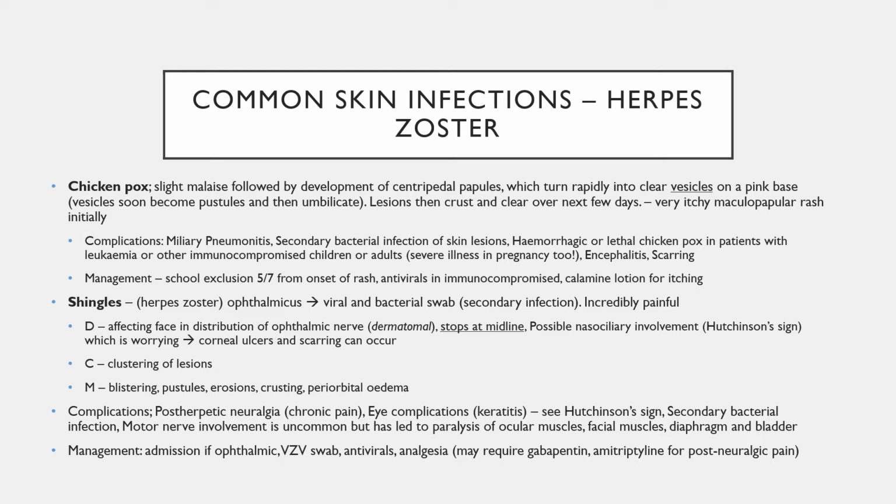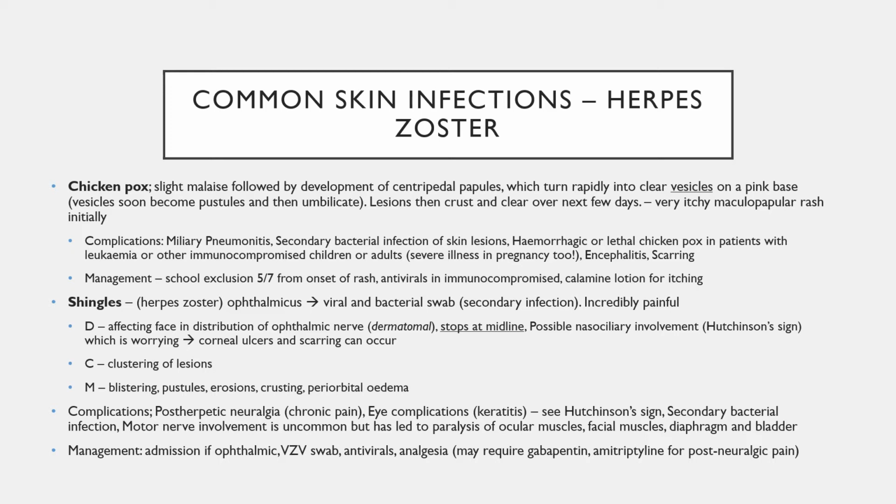The danger is if you see someone with the shingles rash, and they get it on their nose, so nasociliary nerve involvement, which is called Hutchinson's sign, the risk is that it can then cause corneal ulcers and scarring, and can actually lead to visual loss. So that is really important to treat with antivirals.